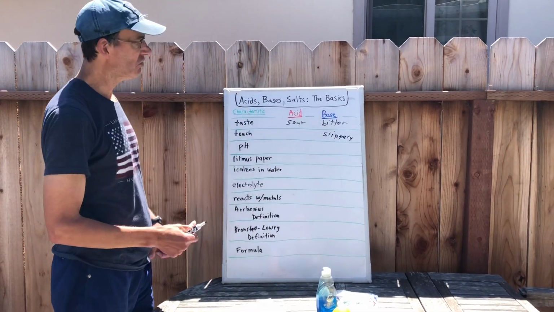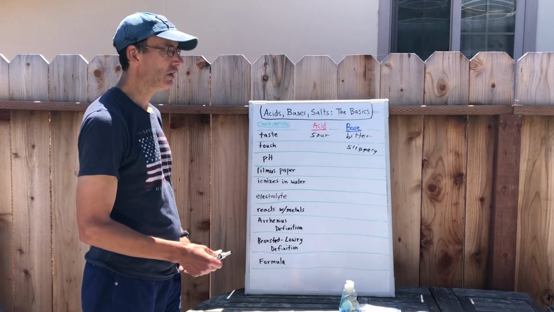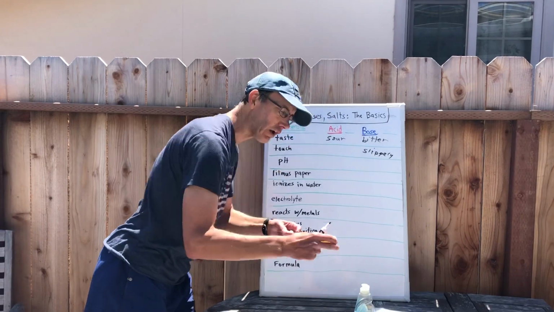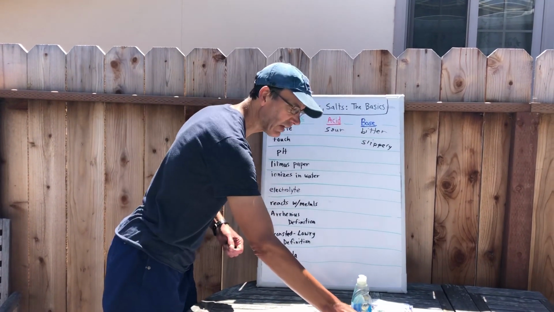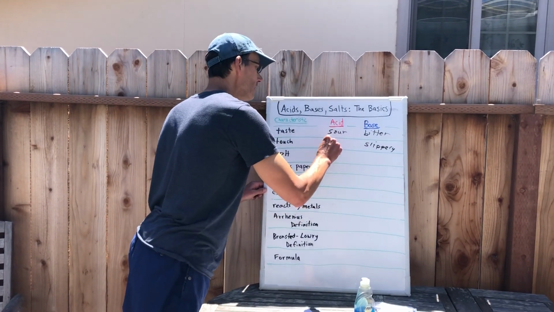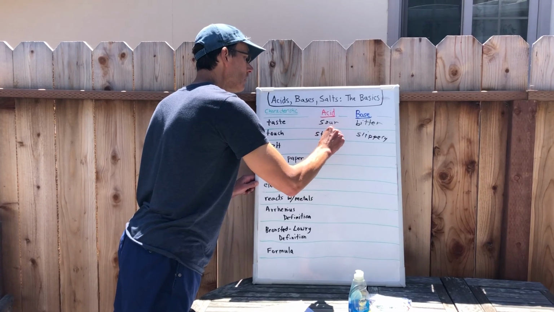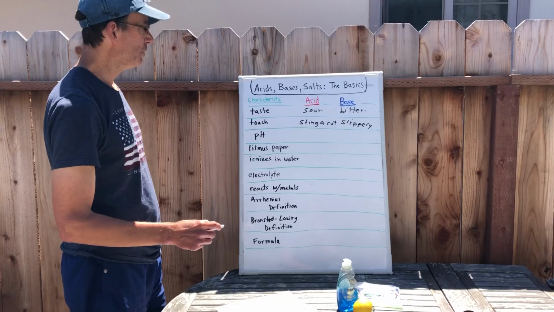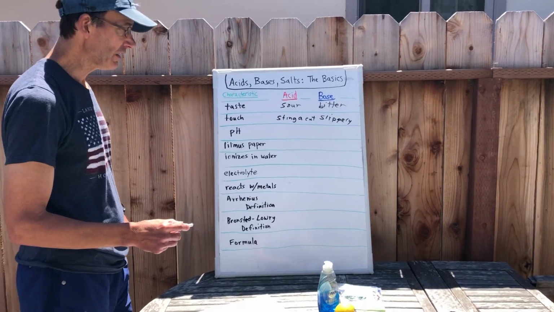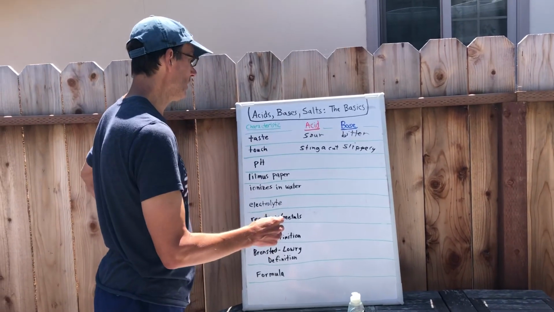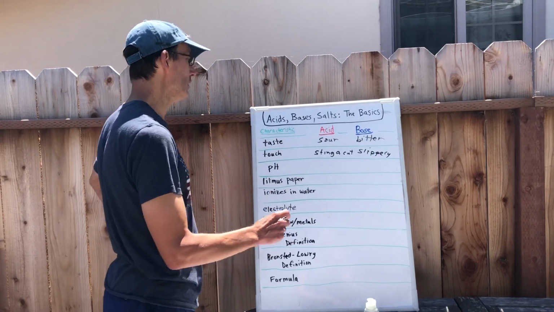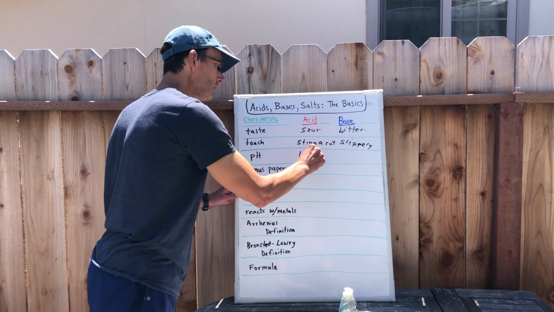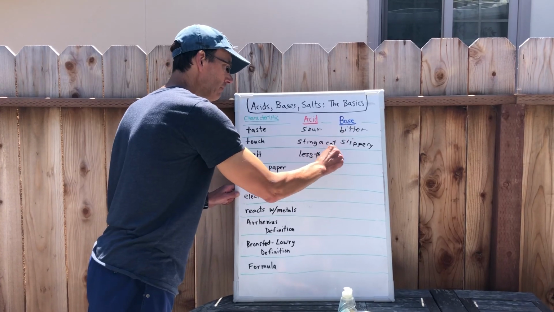Whereas acids just feel wet, and if you happen to have a cut on your hand and got an acid on it, it would sting. pH is a number system, and we'll go over that later, but in general, an acid has a pH less than 7.